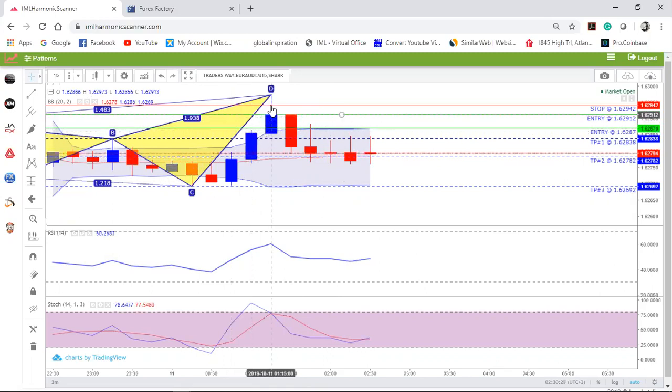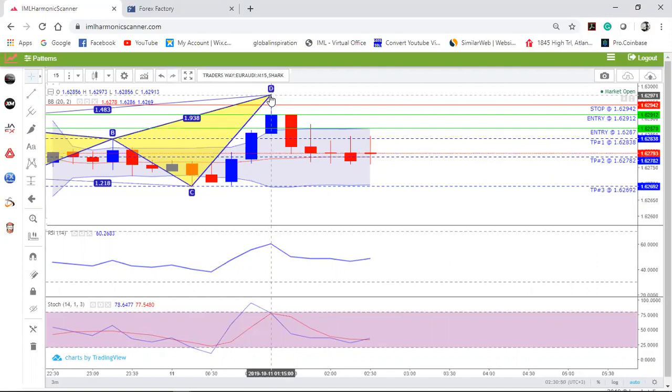Then it did it again, pushed up again, but now it reversed and looked at where it closed. So price went all the way up to here, but it wasn't a strong buy candle because it couldn't hold the price way up here at this level at 942. I'm going to knock off the last digit because it only goes to the fourth digit anyway. The pips go to the fourth digit.